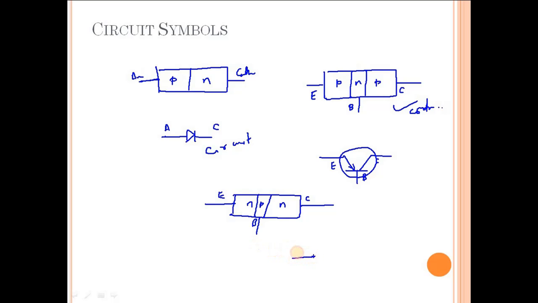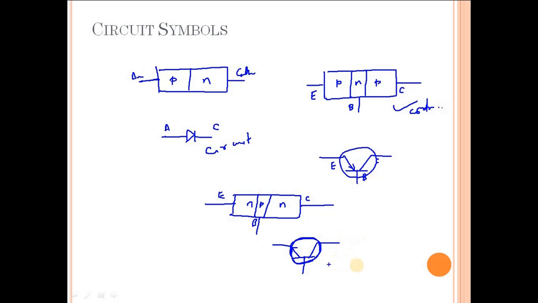We have the base representation, we have the emitter representation, we have the collector representation, we have terminals out of the package. So where is the package? Package has to be represented by a circle. Mine may not look like a proper circle, but it is a circle if you can draw it properly, and the arrow will be pointing outside.